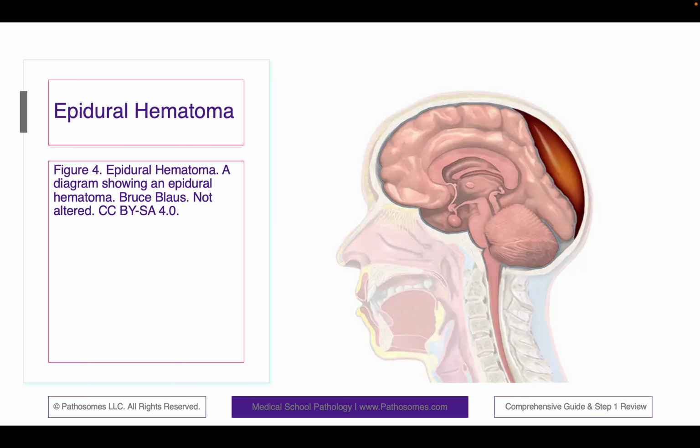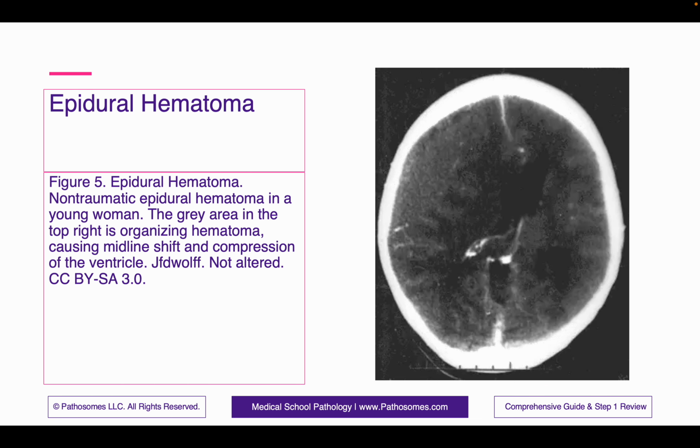And here we have a cartoon showing a depiction of an epidural hematoma. And sometimes it's not as easy to visualize the epidural hematoma on imaging.